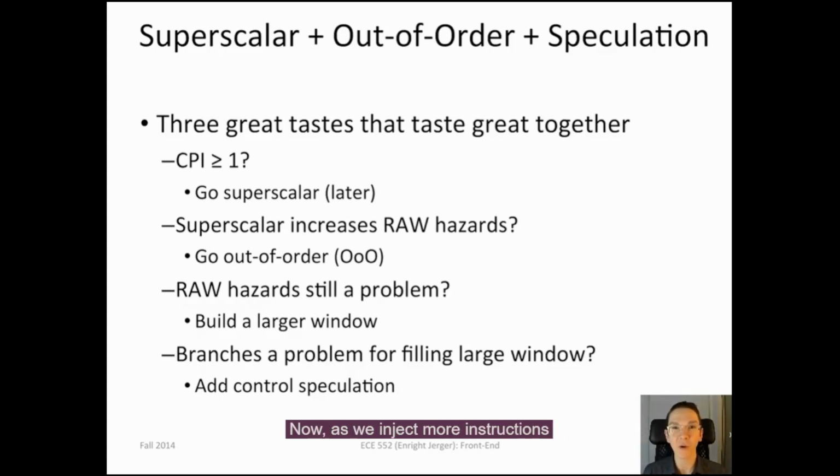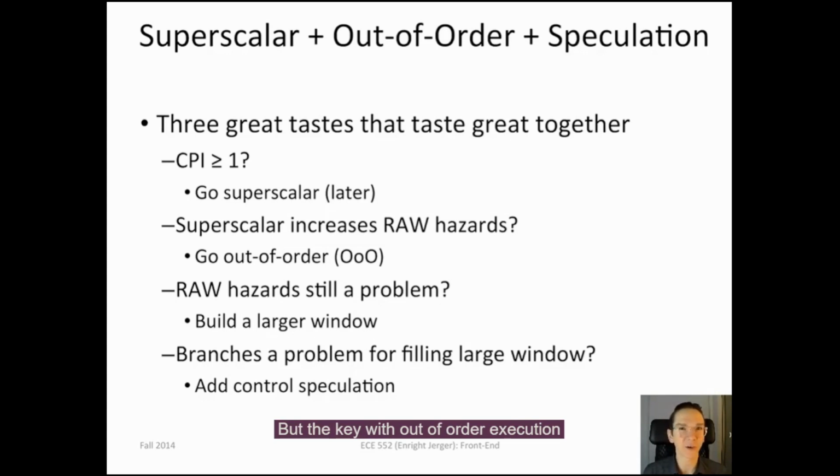Now, as we inject more instructions into the pipeline, trying to improve our instruction throughput, we might find that read-after-write dependencies manifest as read-after-write hazards, requiring stalls in an in-order pipeline. But we've seen that we can deal with read-after-write hazards by letting instructions pass each other in the pipeline with out-of-order execution, say Tomasulo's algorithm.